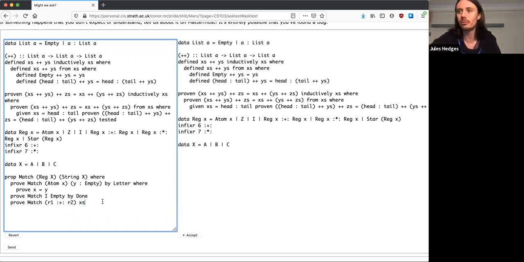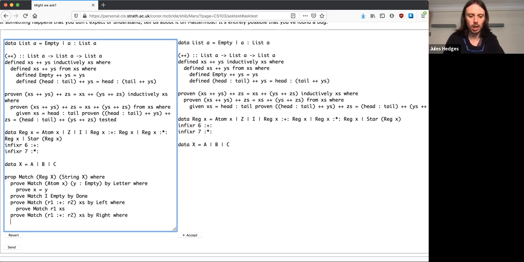So I'm going to have two proof rules here. I can say prove match R1 plus R2 X's by left, where I have to prove as a sub-goal, prove match R1 X's. And then another one where I can say prove match R1 plus R2 X's by right, where prove match R2 X's.